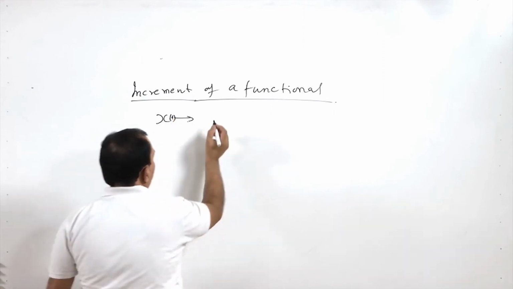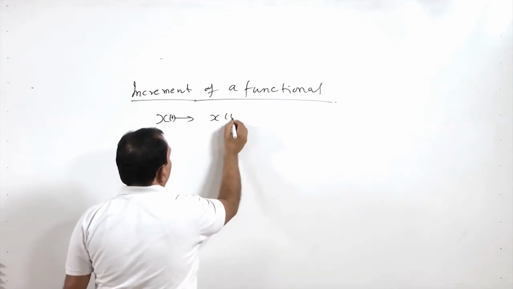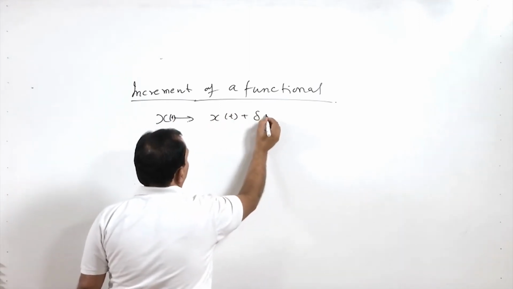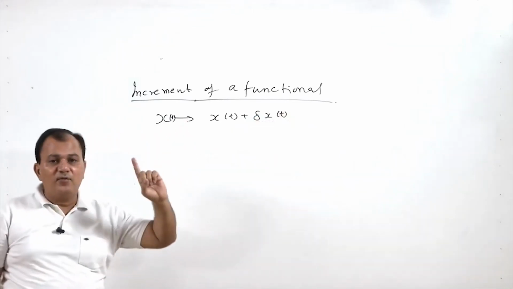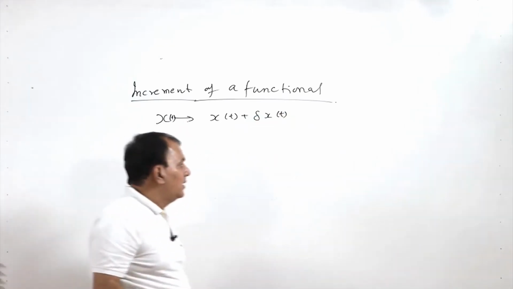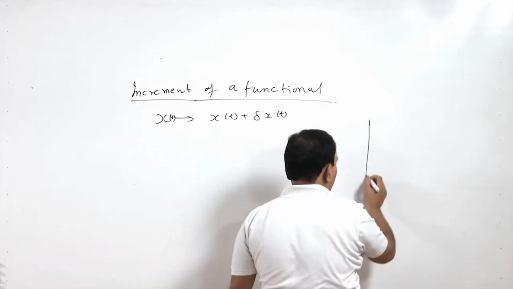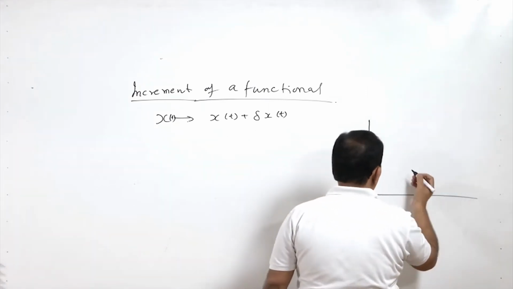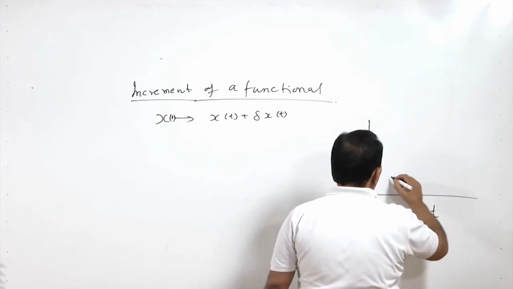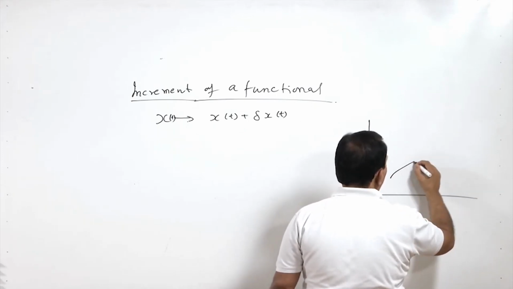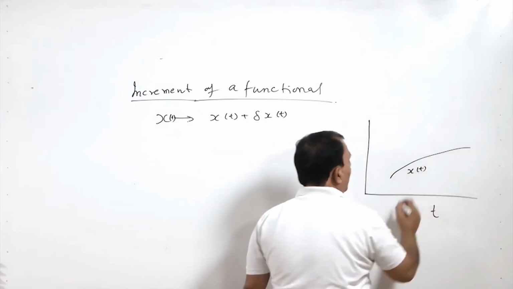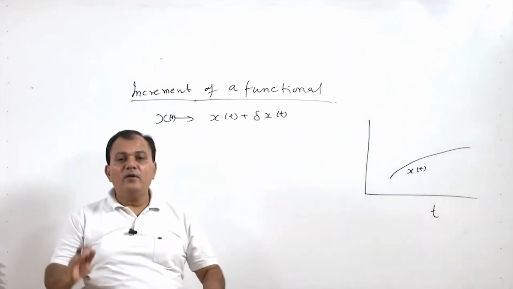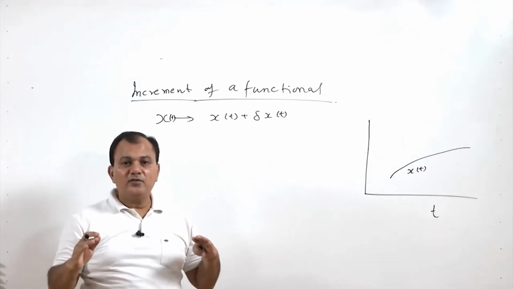Let us say x(t) will change as x(t) plus delta x(t). What we said is x is a function of time. So, let this be my x(t). What is the variation in x(t)?